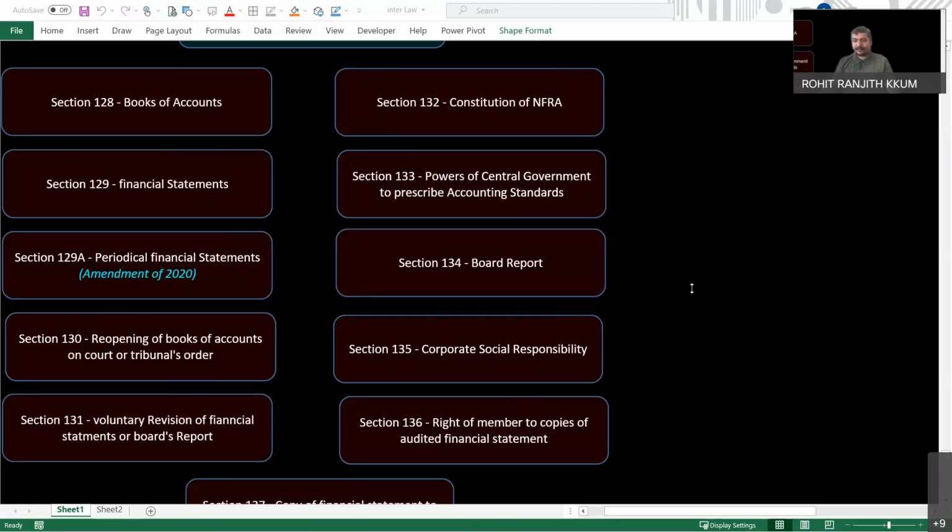Satyam Computers, Kingfisher, Lalit Modi, Mehul Choksi. I have a number of lists where I can tell you what happened in those companies.